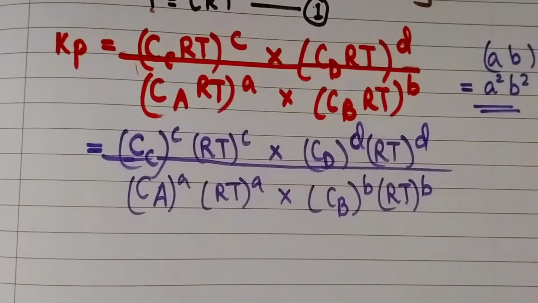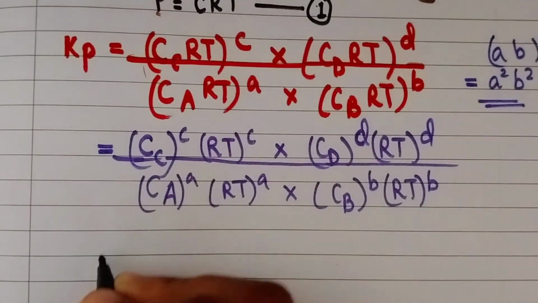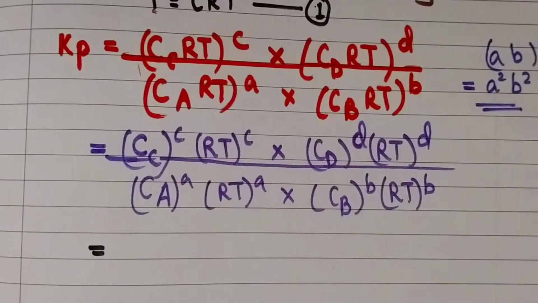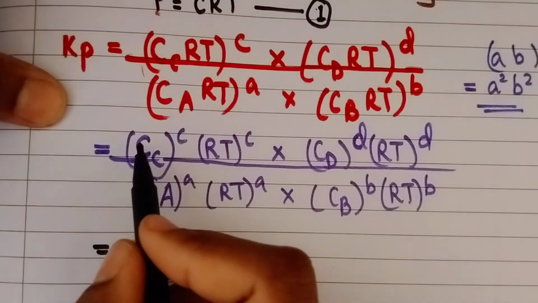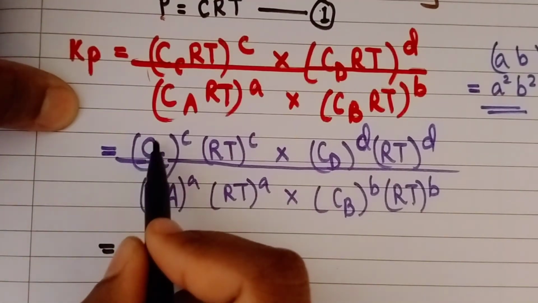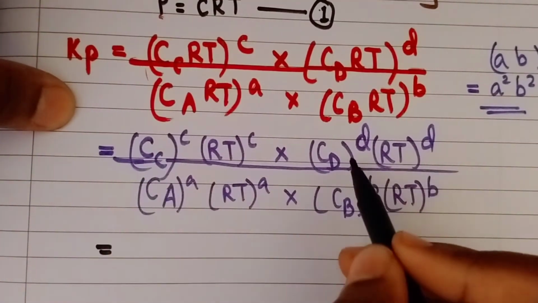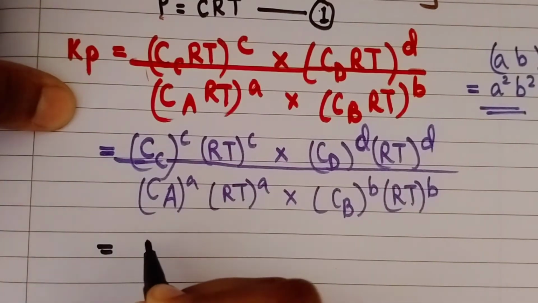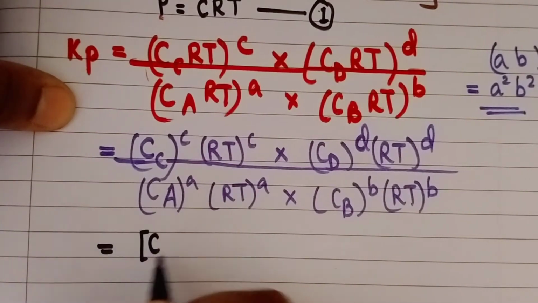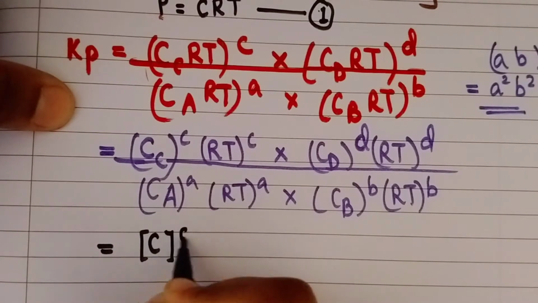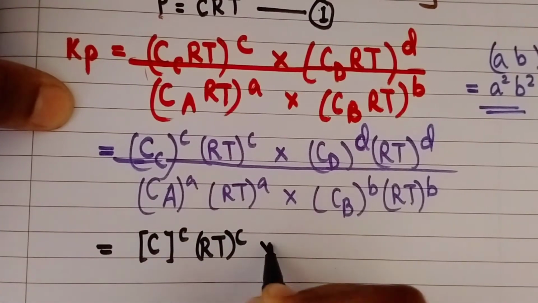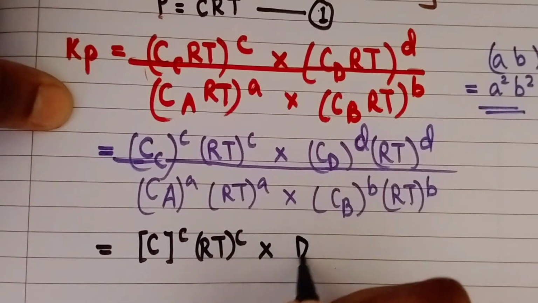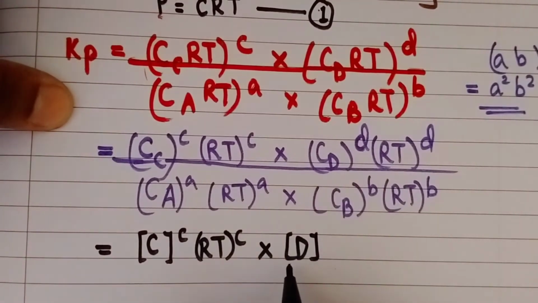Our next step is really easy. We will be writing this in a different way. Instead of writing concentration of C and concentration of D, we can write concentration in a different notation. This is also known as concentration of C, and similarly this is also known as concentration of D. You all know this notation, right?